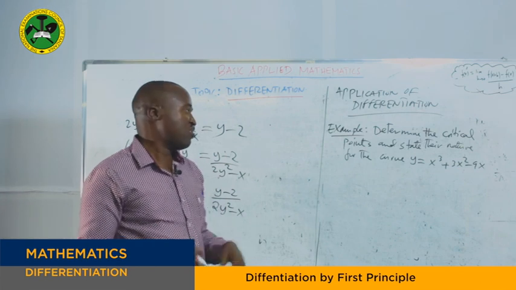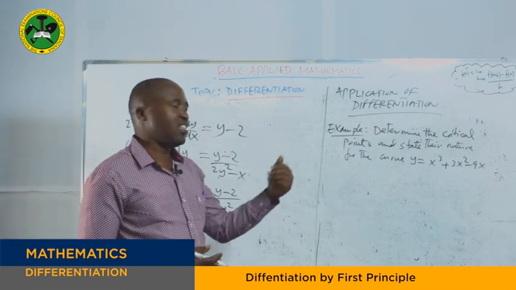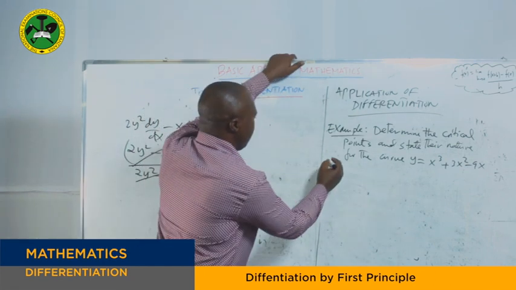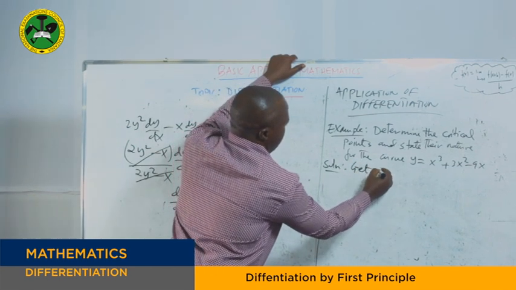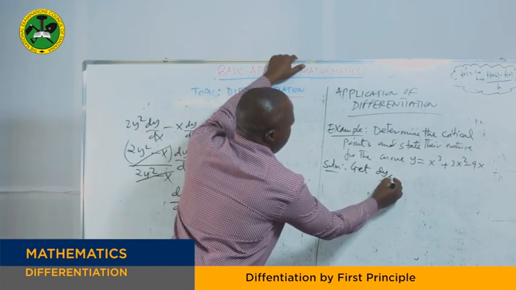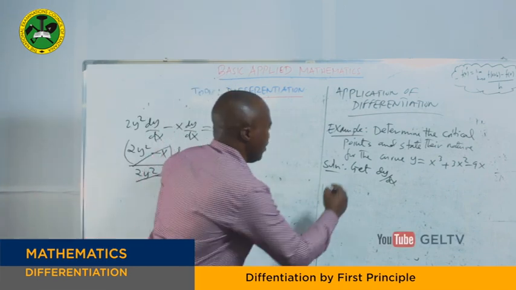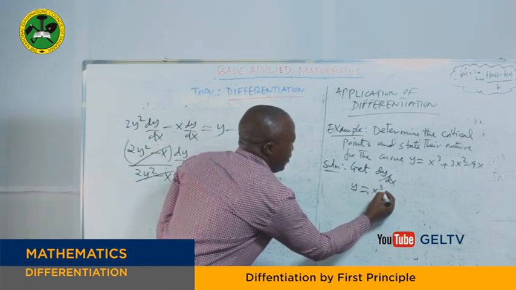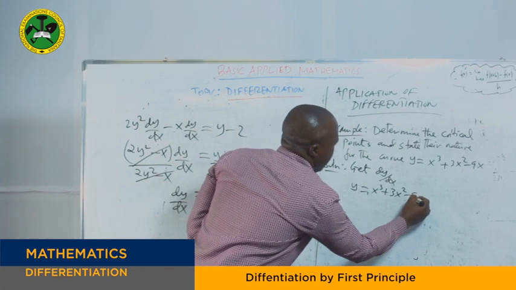There are a few procedures to follow in order to determine the critical point. Critical point is the same as turning point. Now solution, first we get dy over dx. Our function is y is equal to x³ plus 3x² minus 9x.